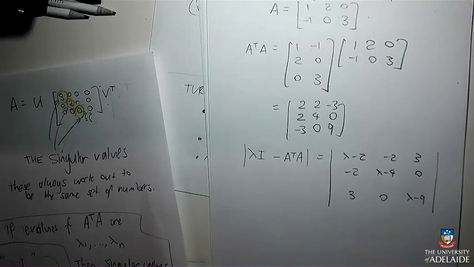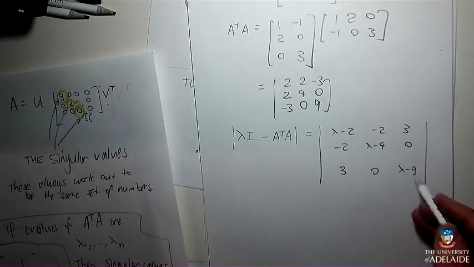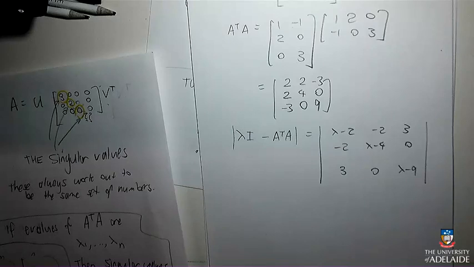Yeah, that's just yucky. I could expand it along the bottom row. That's got a 0 in it. I guess if I did some row operations, I could get some other zeros. But, you know, it's not going to be nice.